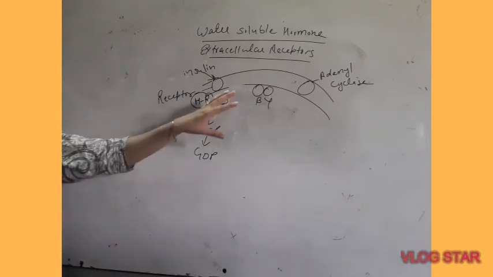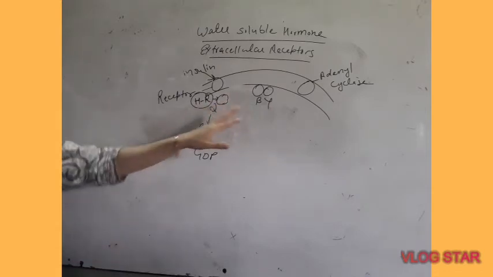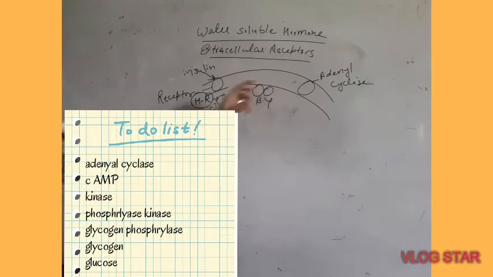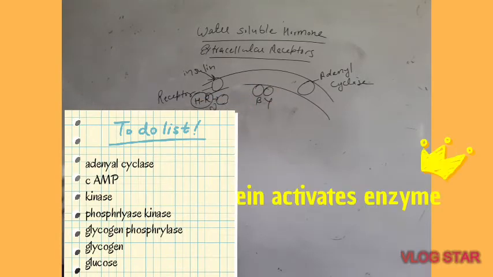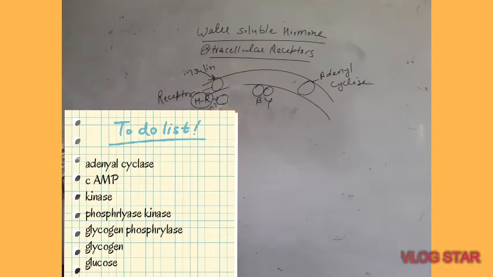The main function of G protein and its three units is to activate adenyl cyclase enzyme, which is located over the plasma membrane in an inactivated form. So when beta and gamma units separate and the alpha unit converts GTP into GDP, these beta and gamma units move forward and combine with adenyl cyclase and convert it into activated adenyl cyclase.